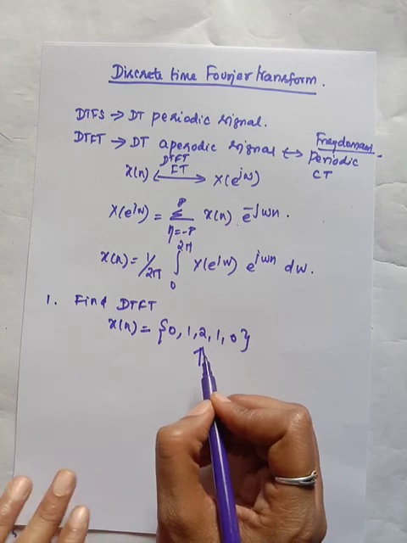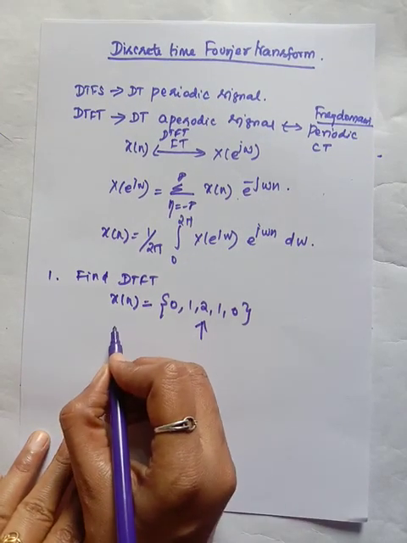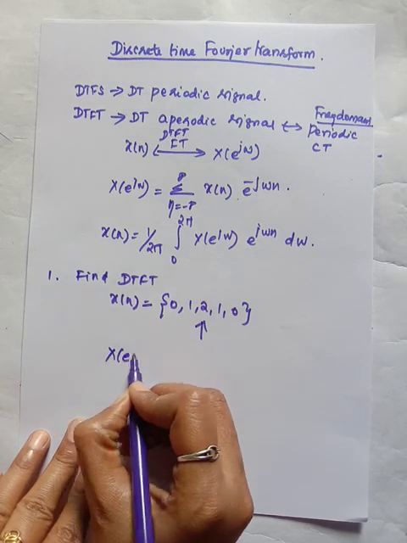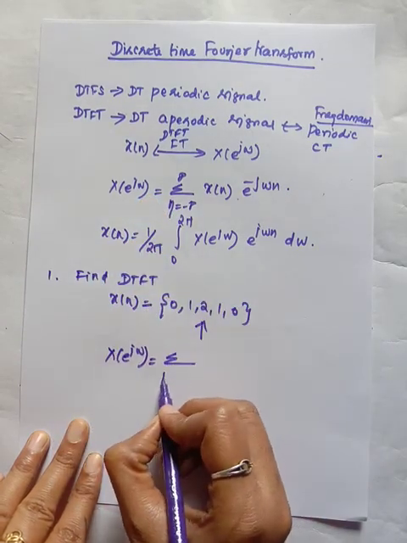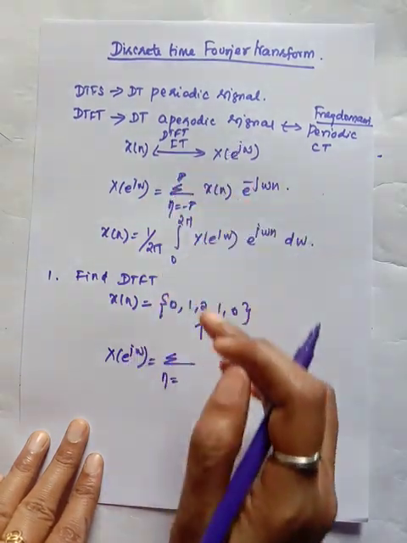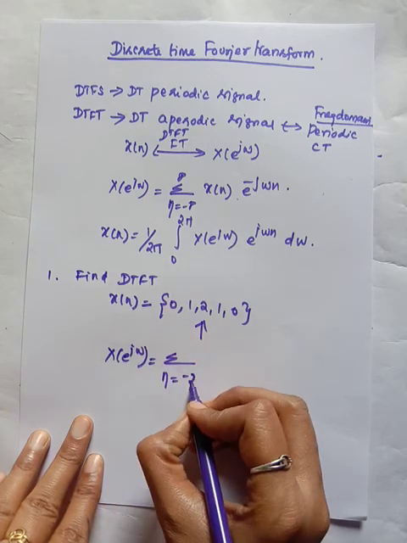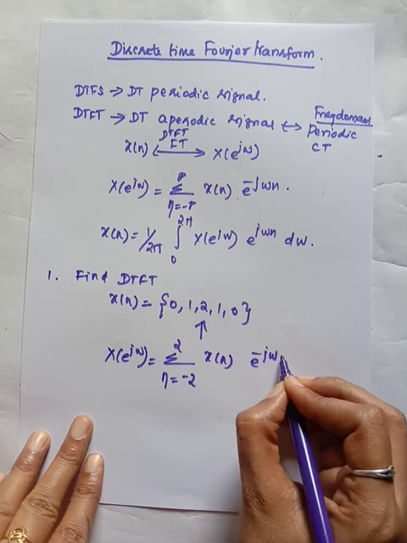This arrow indicates the value at the origin. Now I need to find the Fourier transform for this discrete time signal. The formula is x of e power j omega, summation over n, instead of minus infinity to infinity, here the range is from minus 2 to 2, of x of n e power minus j omega n.